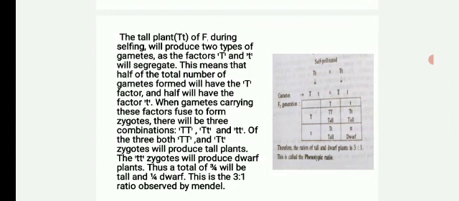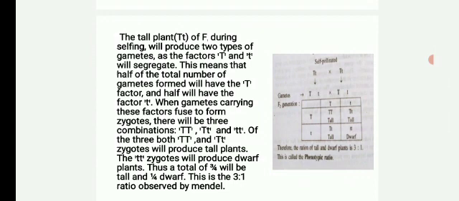The tall plant of the F1 generation with gene content capital T, small t, during selfing will produce two types of gametes as the genes capital T and small t segregate. This means that half of the total gametes formed will have the capital T gene and half will have the gene small t.